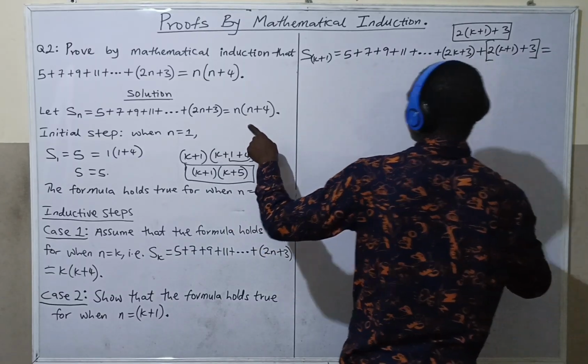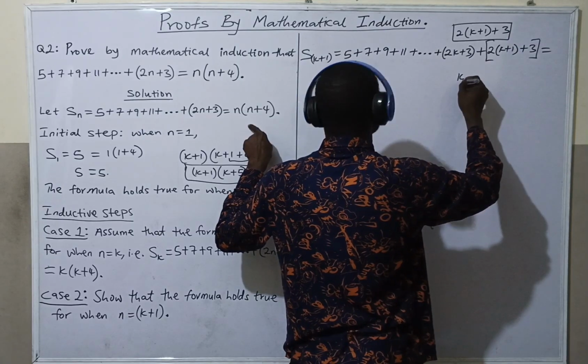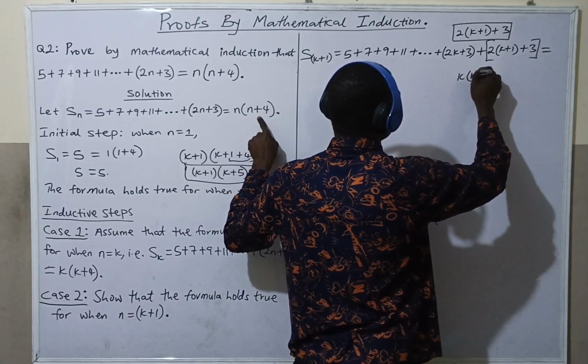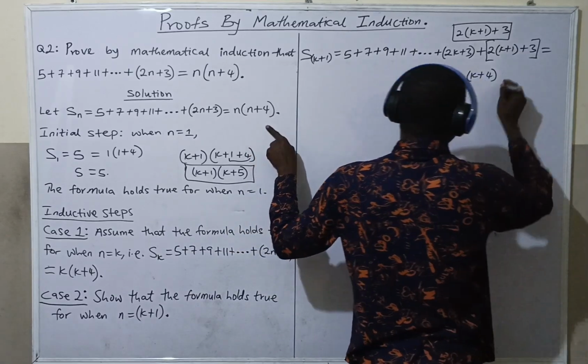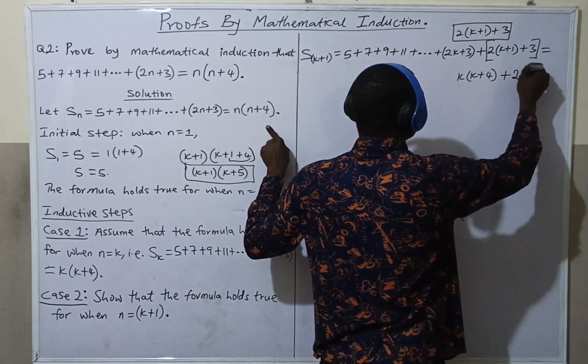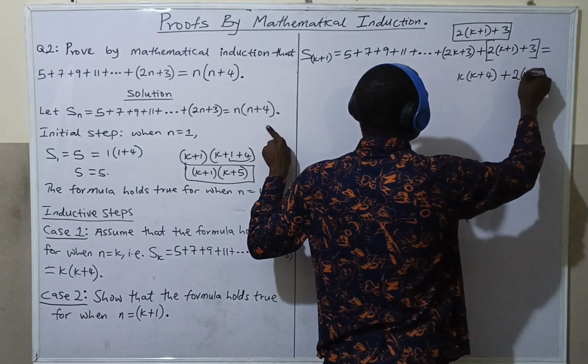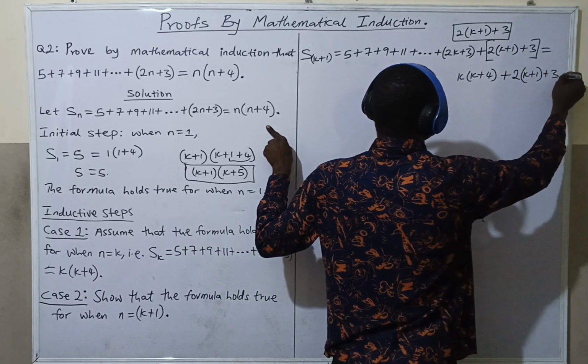And for the right hand side, what are we going to be having? We'll be having k bracket open, k plus 4 firstly, and then added to 2 brackets open as we have it here, k plus 1 and then plus 3.